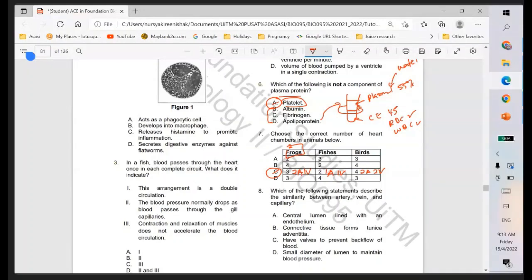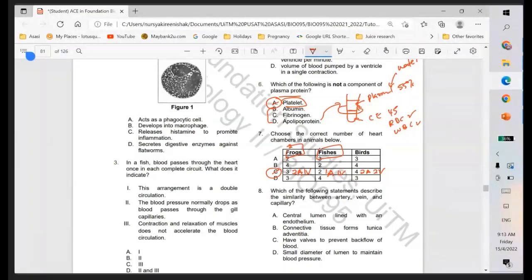Tapi kalau fish, the heart will pump once, and then it enters into the gill capillaries for gaseous exchange, and then from the gills it enters into the systemic circuit. For fish, the disadvantage of single circulation is that it reduces the blood velocity and also the blood pressure.